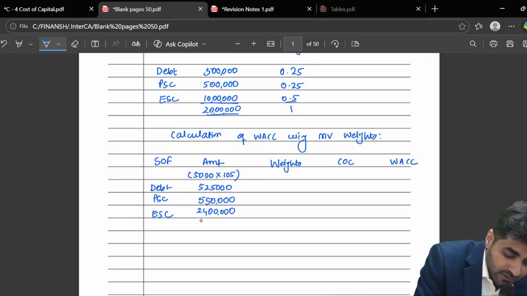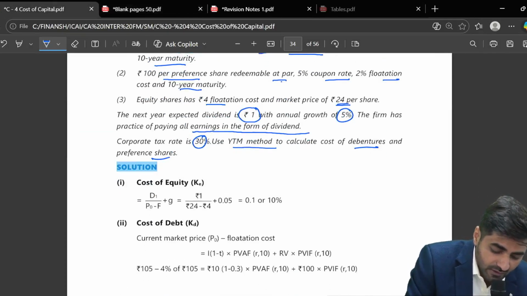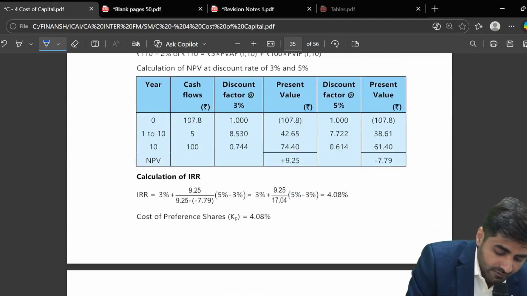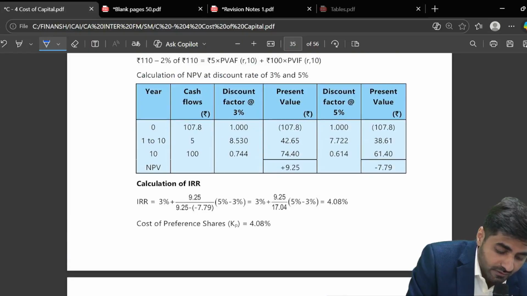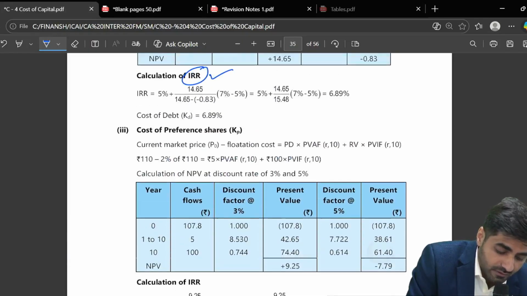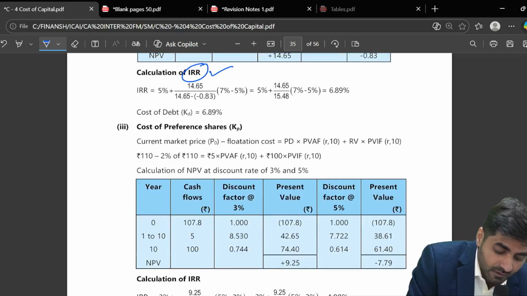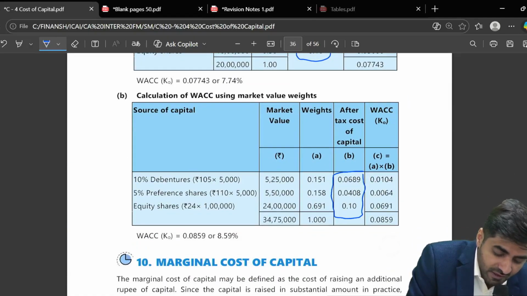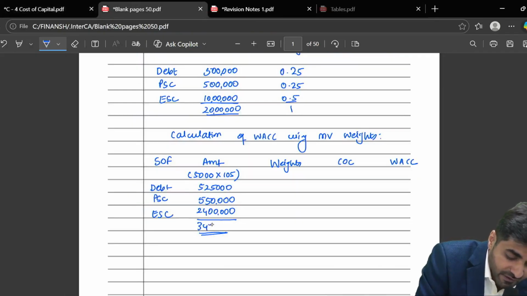Now give me the total of this. How much is it? 34 lakh 75,000. Everyone's getting this as 34 lakh 75,000?